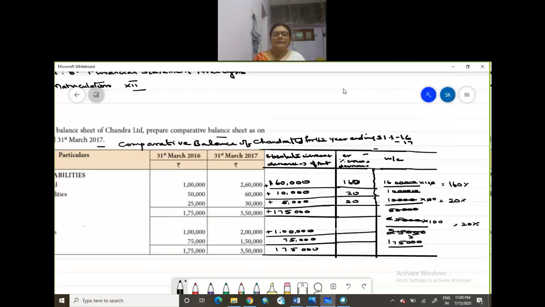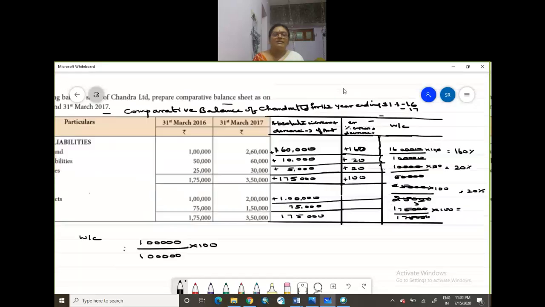Now let us do the assets calculation. Let us do the working column continuation. This is your non-current assets. Non-current asset is increased by 1 lakh divided by 1 lakh, that is your balance in the first year, into 100. So again it is 100%. So write here plus 100. Then your current assets. Current asset is increased by 75,000 in the second year divided by the balance 75,000 into 100.